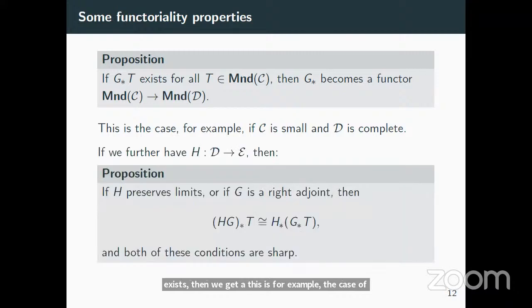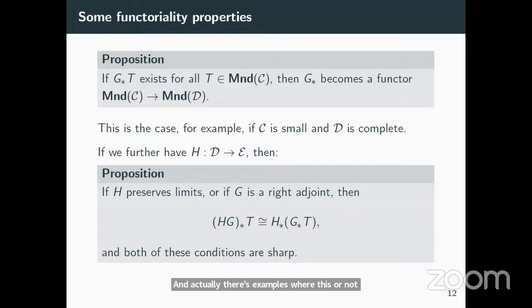And then one last little thing is that I could ask what happens when I push forward once and then twice, or all in one go. And it actually doesn't matter as long as either H preserves limits or G is a right adjoint. And actually, there are examples where those are not satisfied, where this is missing.